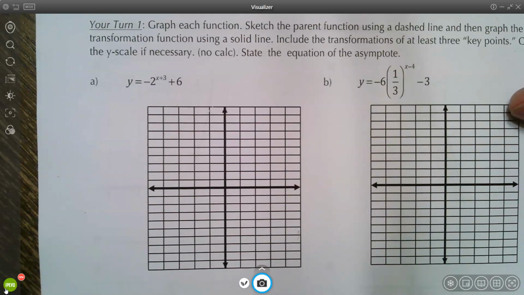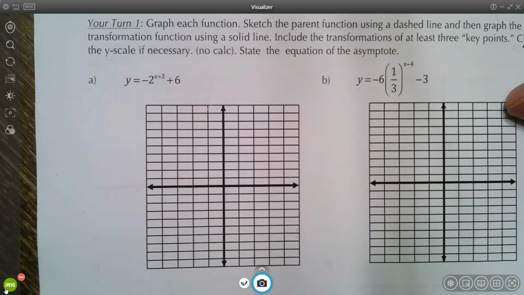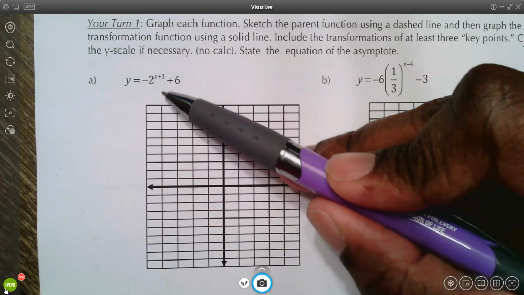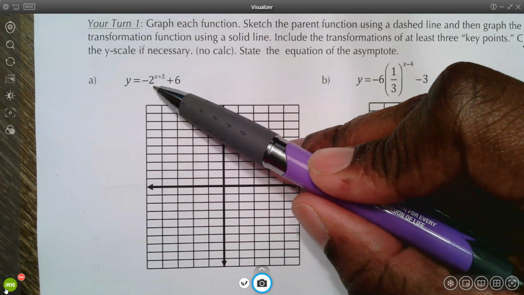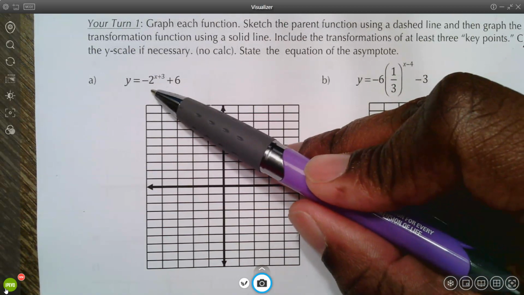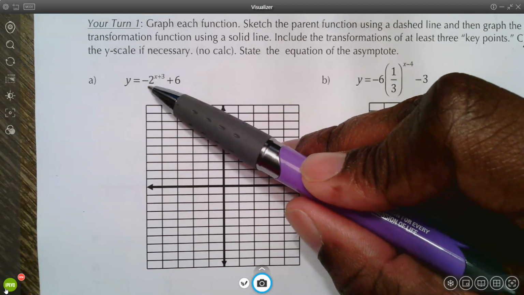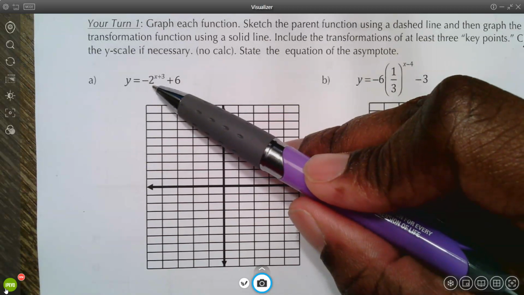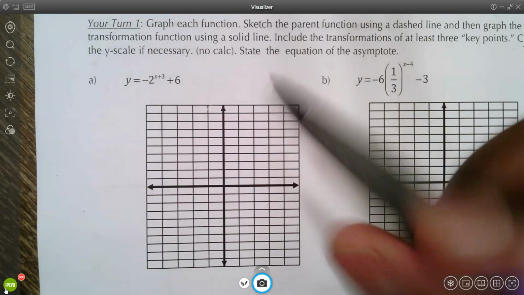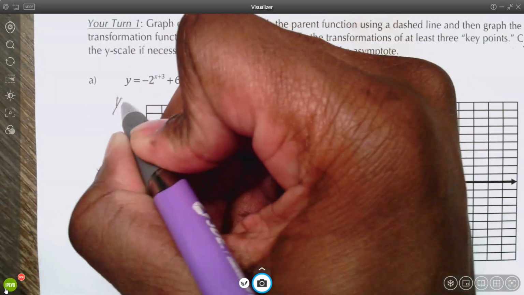All right, so now you're going to try these. Before you begin, though, I just noticed that this is written with the negative sign here. So before you begin, I would suggest you do this. Unless this is written in parentheses, you should assume that negative sign is not connected to the 2 in b. That negative sign really tells you what the a value is.